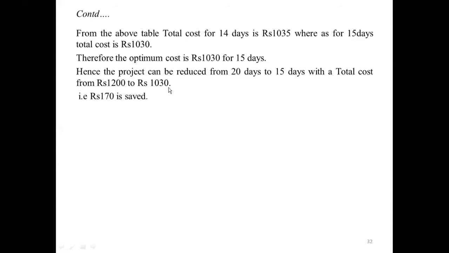Hence the difference between 1200 and 1030 is rupees 170. That means you can save rupees 170, as well as reduce 5 days. Instead of 20 days, you can complete the project in 15 days with the cost of 1030. Or in other words, rupees 170 is saved.